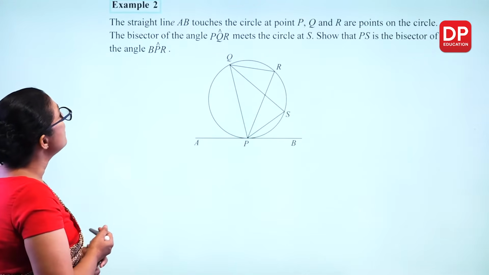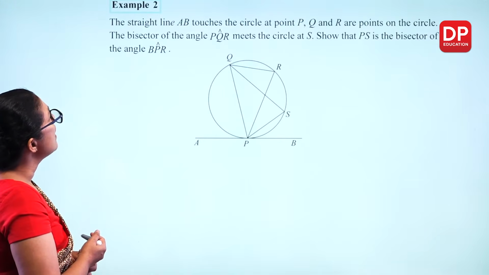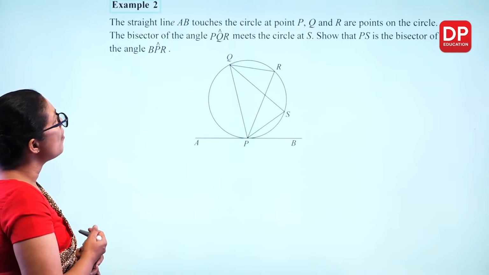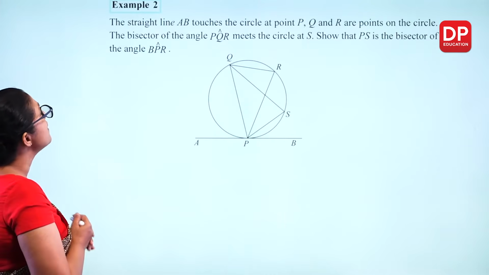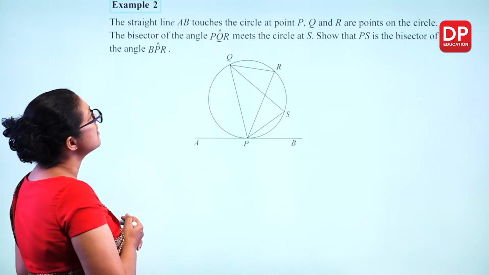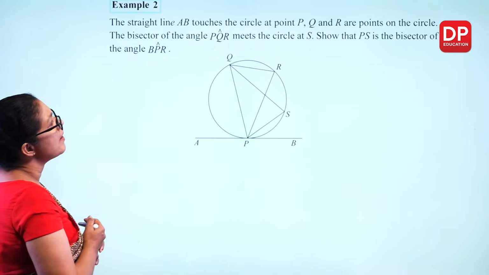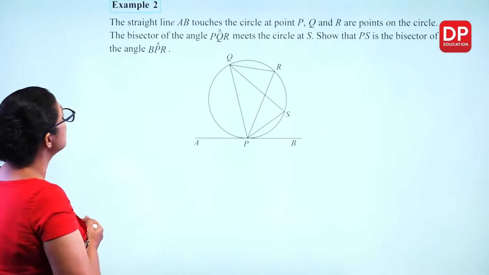Example number 2. The straight line AB touches the circle at point P. Q and R are points on the circle.